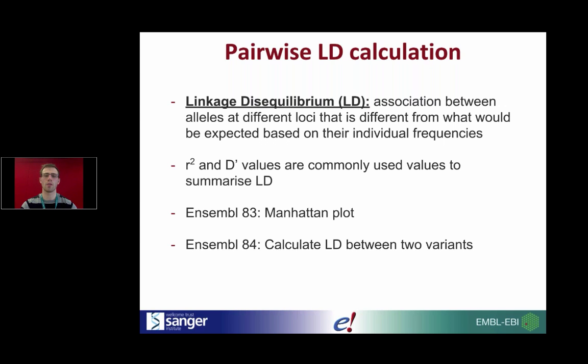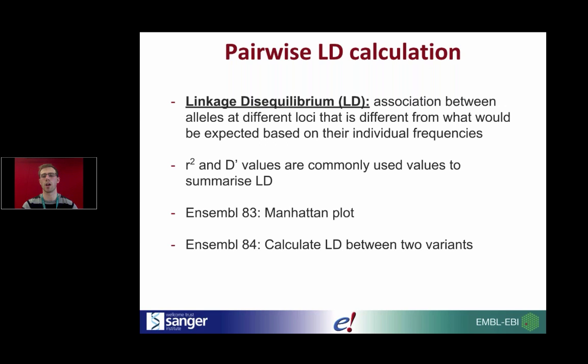So as I mentioned in the headline slide, one of the new features of Ensembl-84 is that you can calculate the linkage disequilibrium for two variants of interest. So linkage disequilibrium is the association between alleles at different loci that is different from what would be expected based on their individual frequencies.